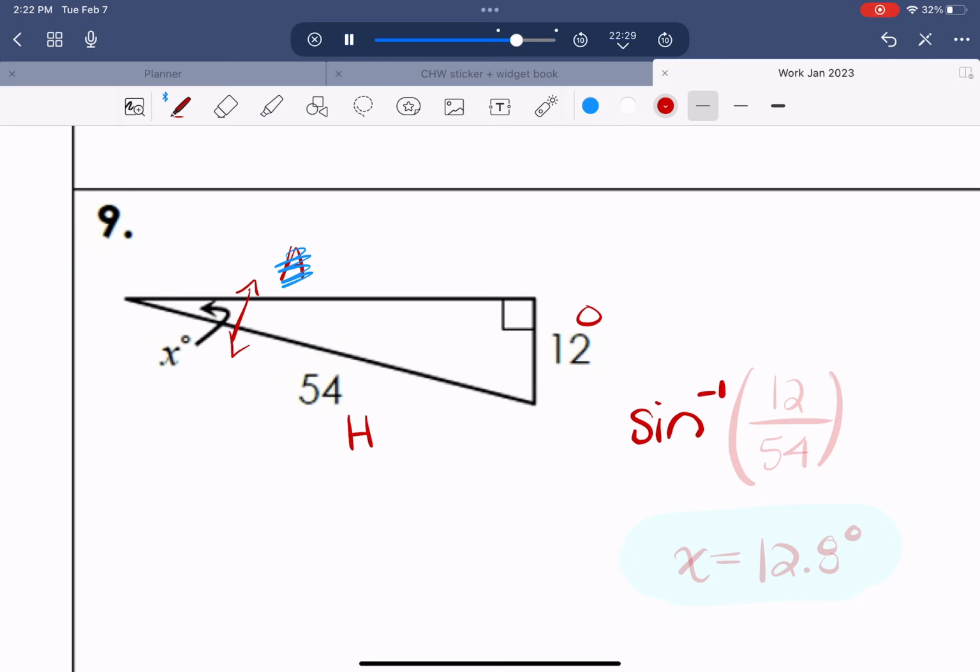Sin, -1, O on top, 12, H at the bottom, 54. Okay, second sin, 12 divided by 54. And we get X equals 12.8 degrees.